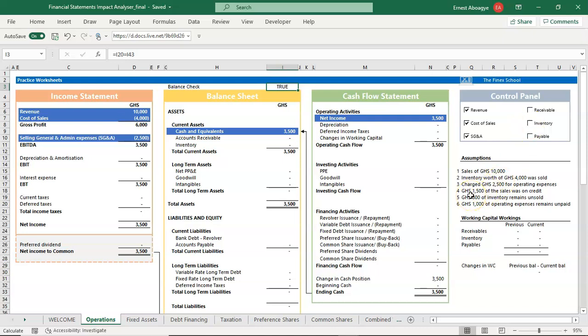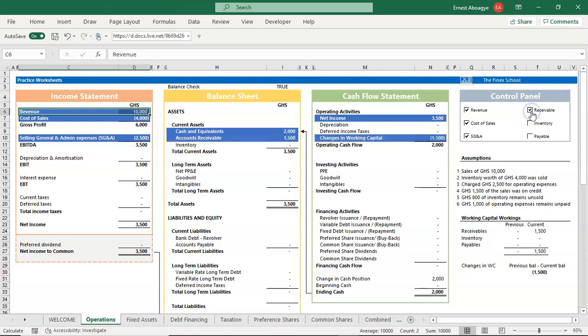So if we assume that 1,005 of our sales was made on credit, see the impact. Let me show it again. You realize that it doesn't impact any income statement line here, because the sale is recorded whether it is made on credit or not. So once you show the impact here, it is only going to affect the balance sheet and the cash flow.